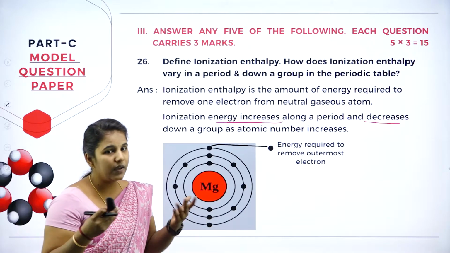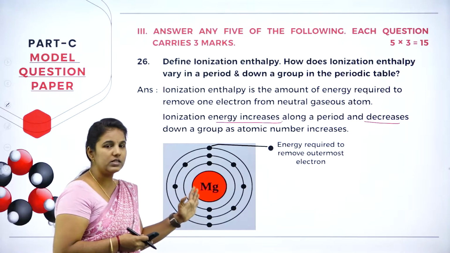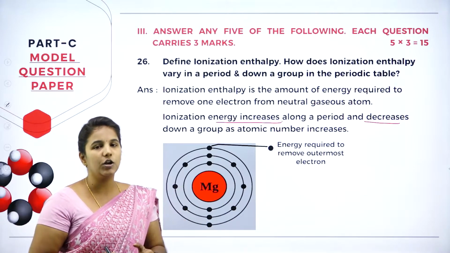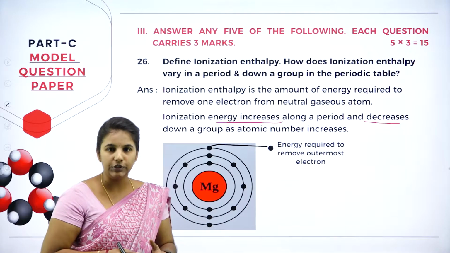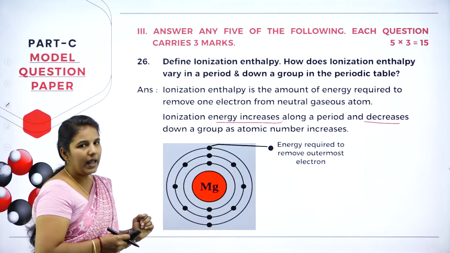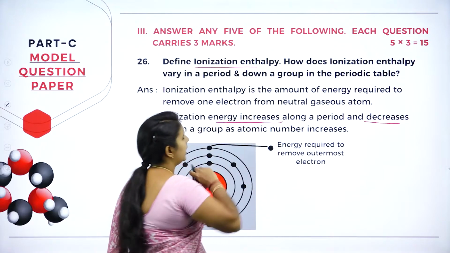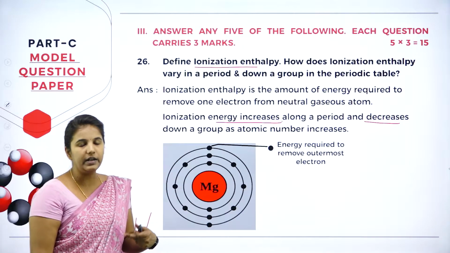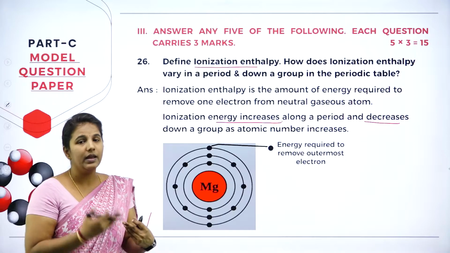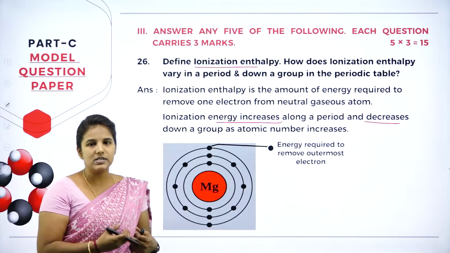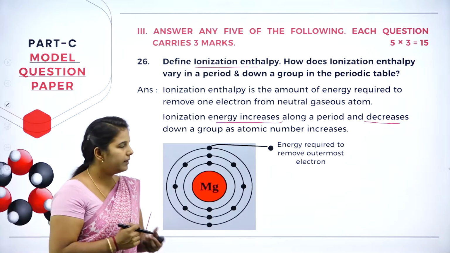It is very important to know how it increases and decreases along the period and down the group. For your board exam, just define what ionization enthalpy is, then write how it increases or decreases along the period and down the group.